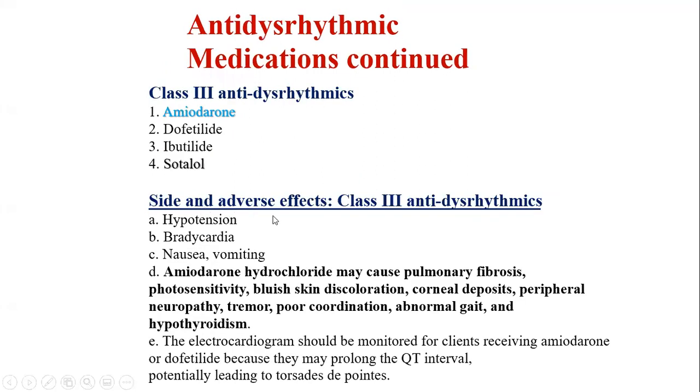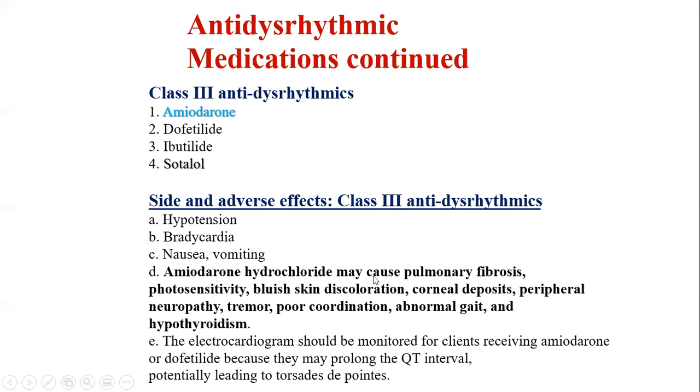The common adverse effects of class 3 antidysrhythmics: they can cause hypotension, bradycardia as in class 2, and GI upset like nausea and vomiting.